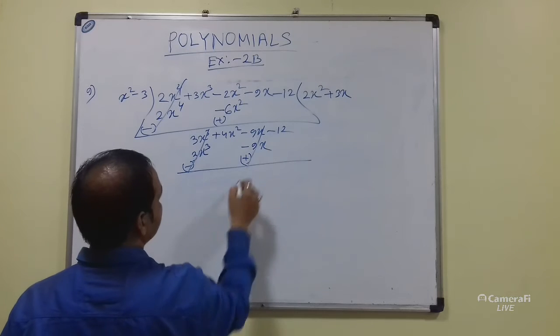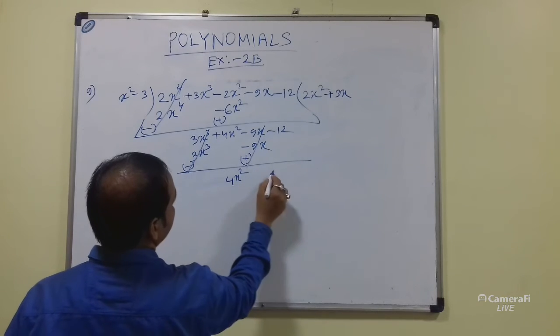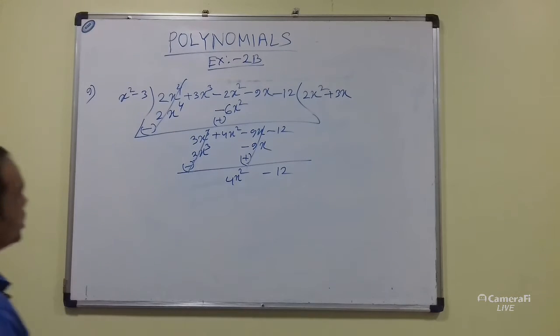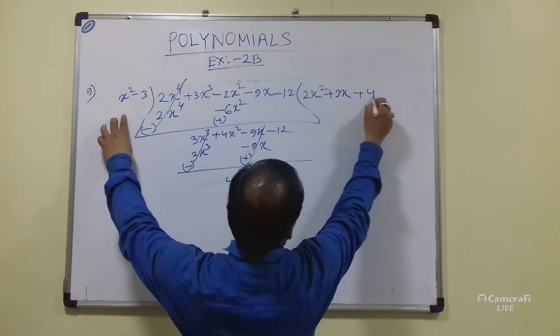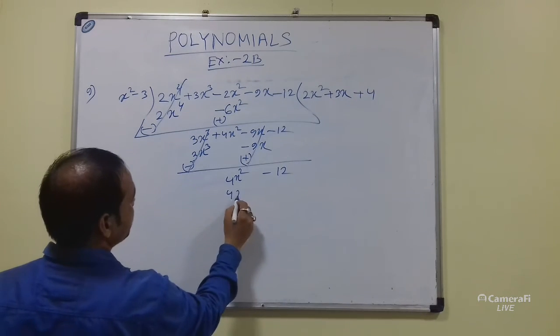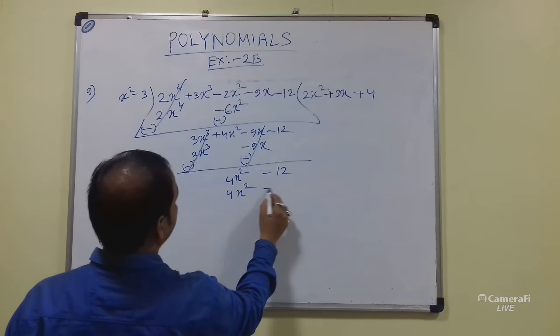It is cut and it is also cut, so it is 4x square minus 12. Now if we multiply this portion with plus 4, then it will be 4x square minus 12.